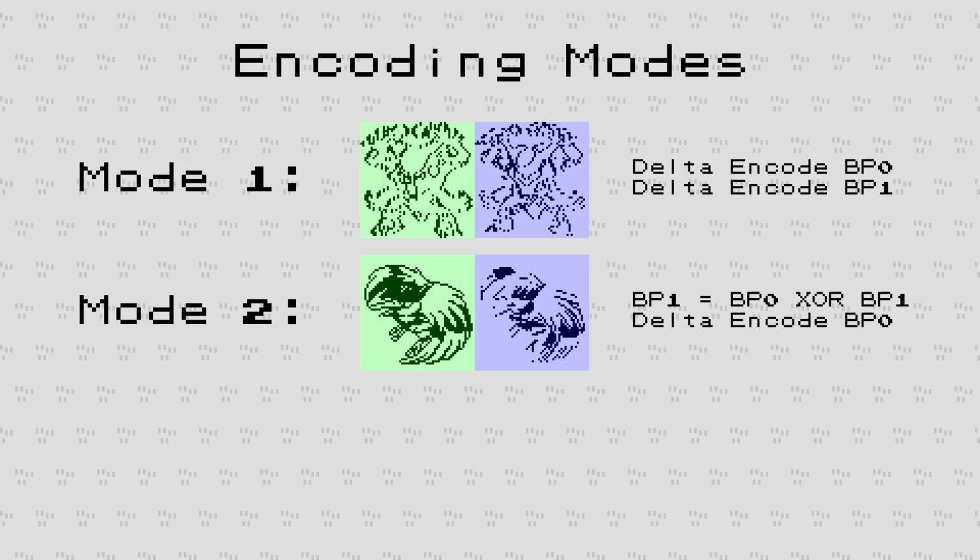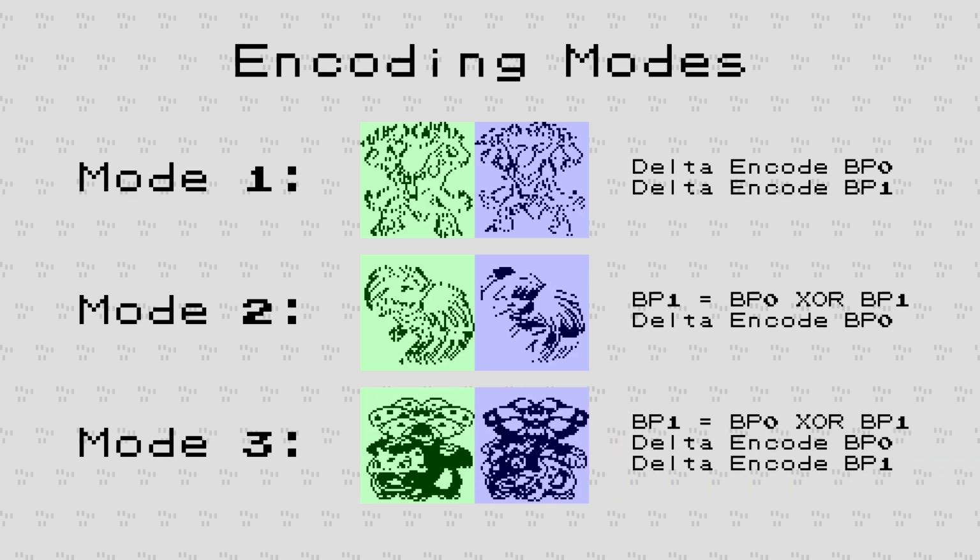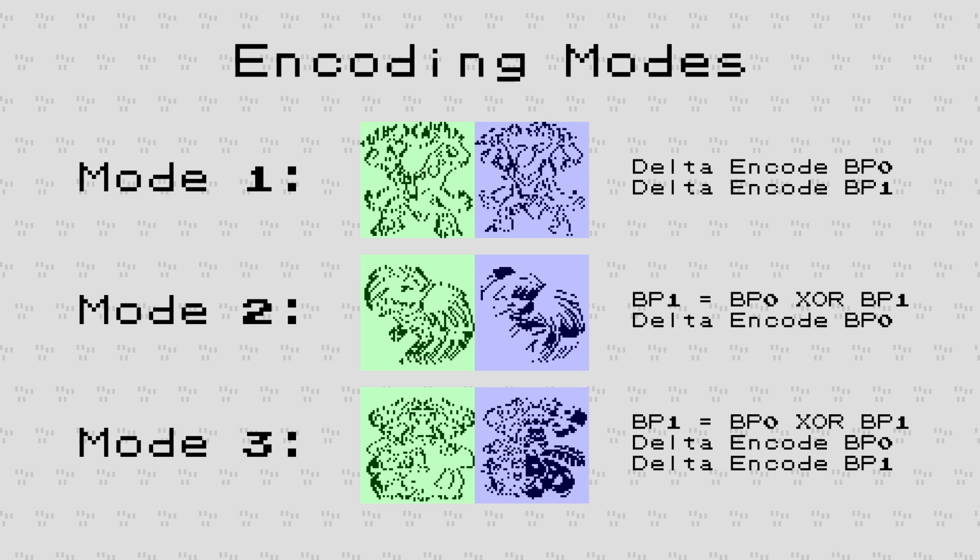Then, only plane 0 is delta encoded while plane 1 is left as it is. And then, in the third encoding mode, the bit planes are XORed together, replacing plane 1, and both bit planes are delta encoded. Having three different encoding modes allows for some leeway when it comes to finding an efficient way to compress the sprite. One method that might work better for one sprite might not work as well for another.